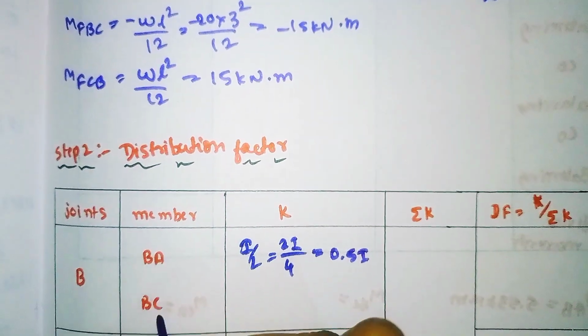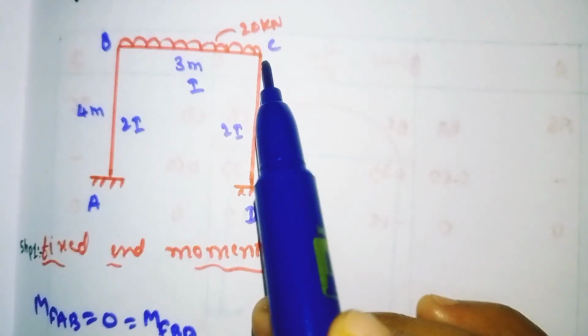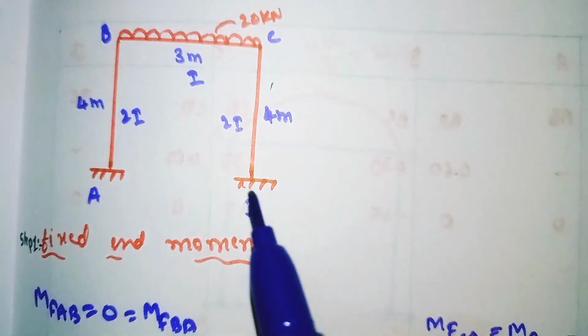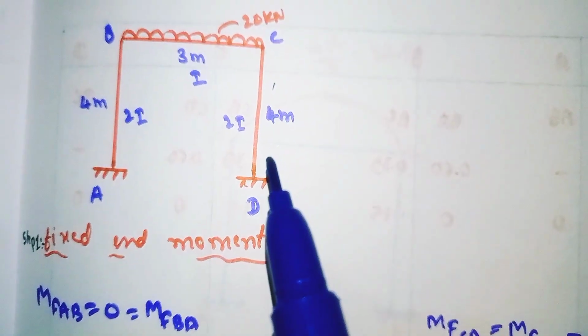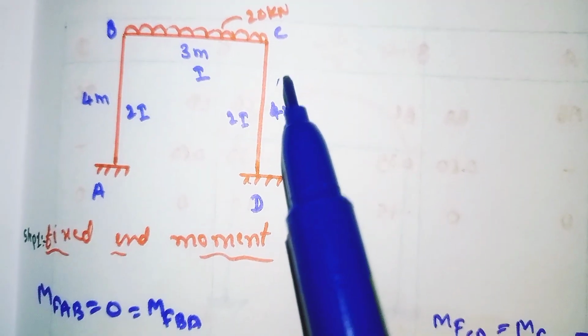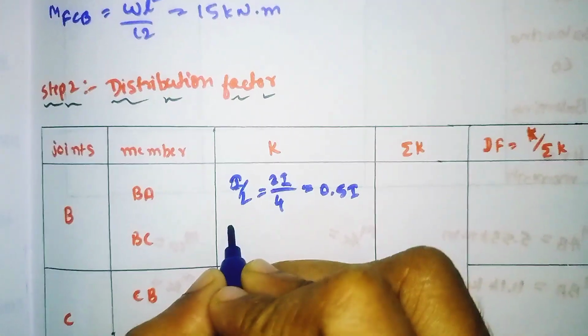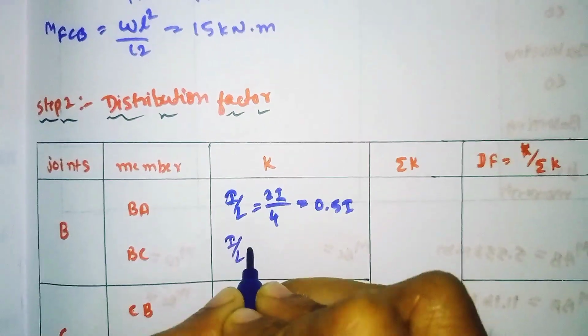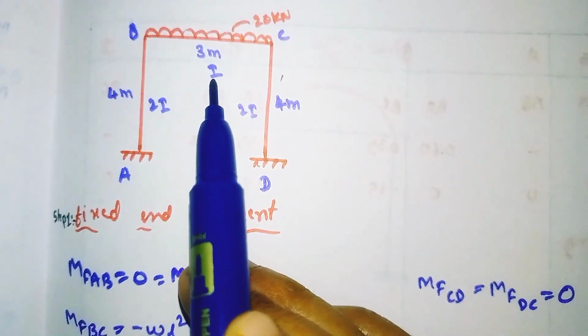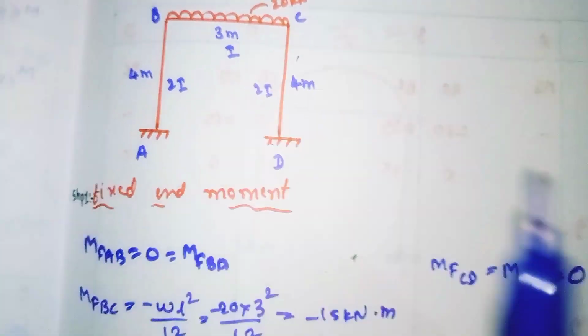Now for member BC, the frame is continuing here. For a continuous frame, we have to use the formula I divided by L. So here also we need to use I divided by L. Here I is 1I, and our length is 3 meter.